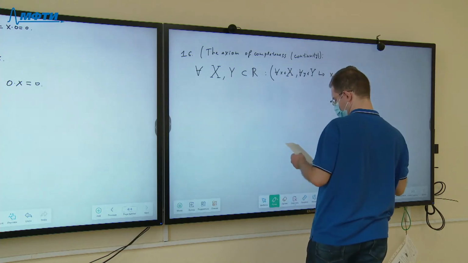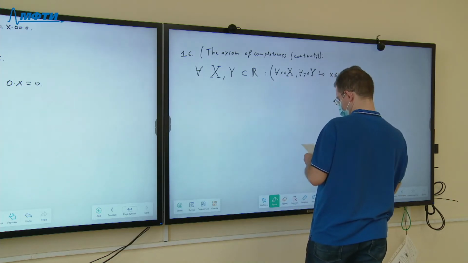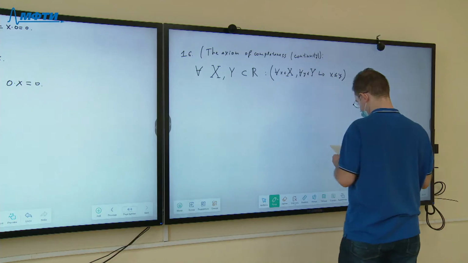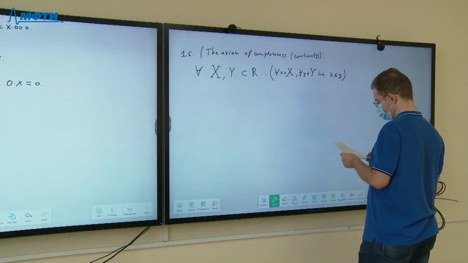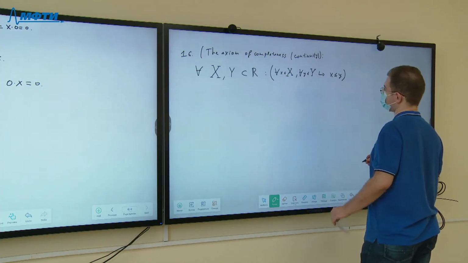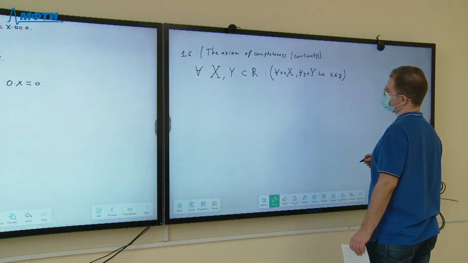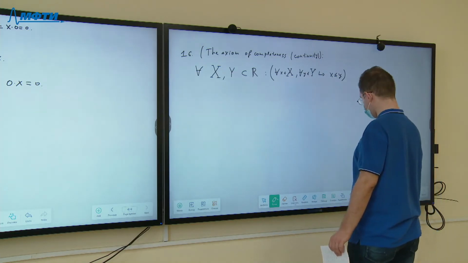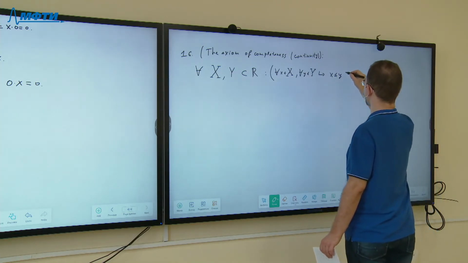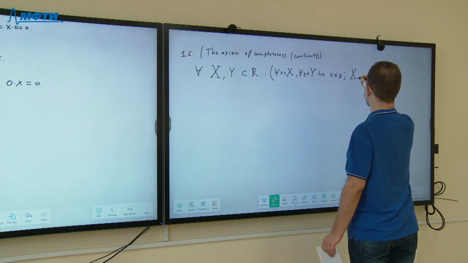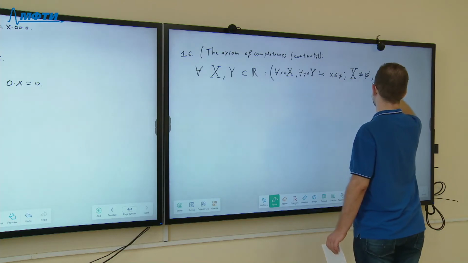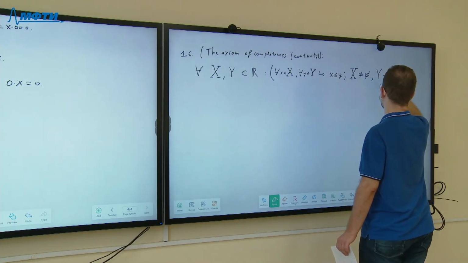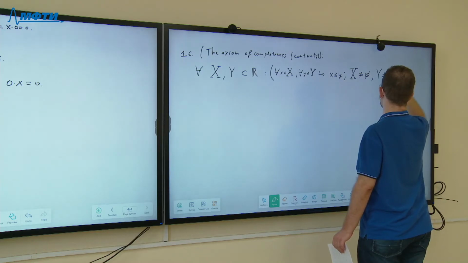Actually, should it be strictly? No, less or equal is okay. And also, let's add the condition that X is not empty set and Y is not empty set.